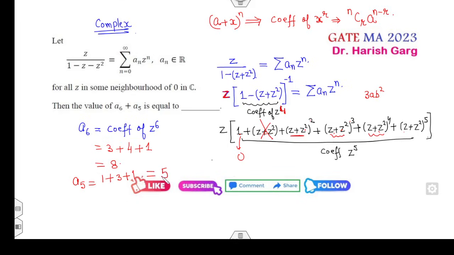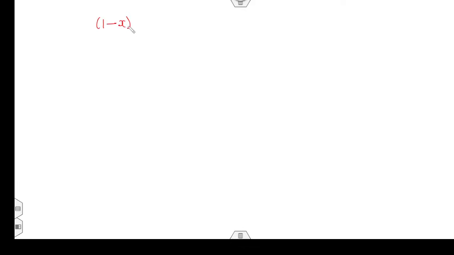So that will be 5. So 8 plus 5, 13 is the right answer of the problem. Fine. Make sure, students, 1 minus x raised to power minus 1 will give you all positive signs. If you have 1 plus x, that will be my opposite signs, 1 minus x plus x square minus x cube and so on.